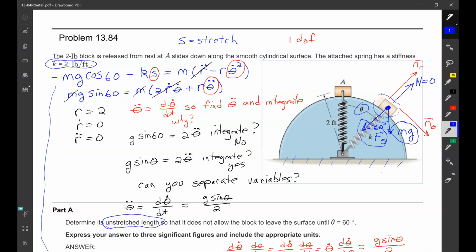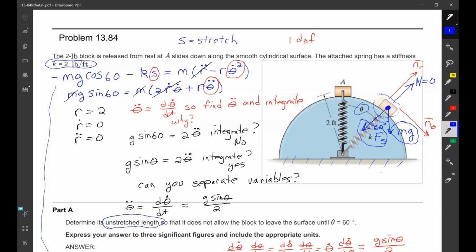The other force is a normal force, and so that's shown here. The normal force is always perpendicular to the contact. So this is going to be perpendicular to the blue surface. That's the contact surface. So the normal force is always that way. This is a pressure between the two surfaces, so they push away from each other.